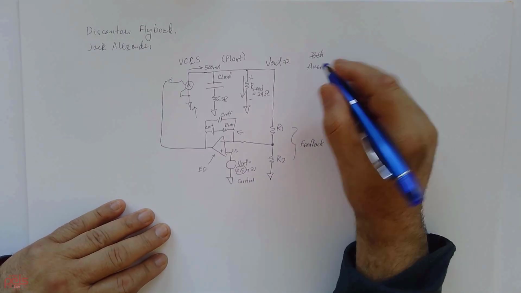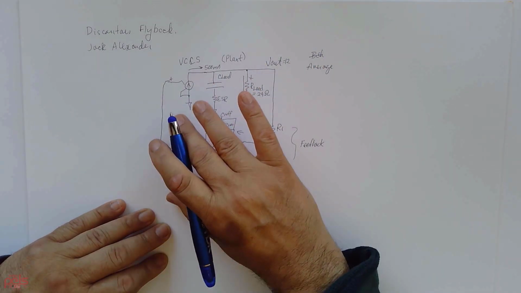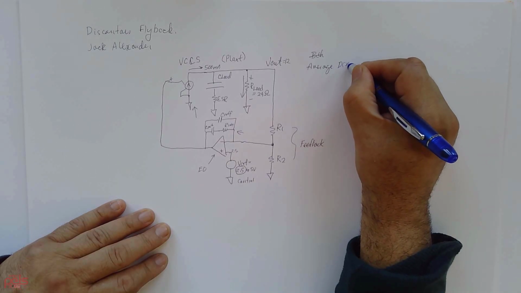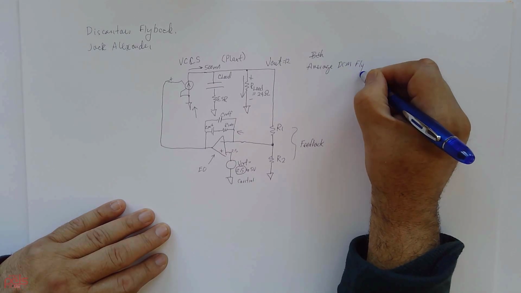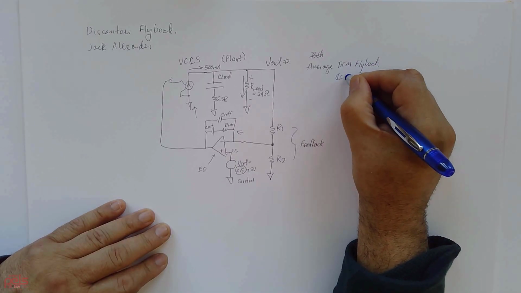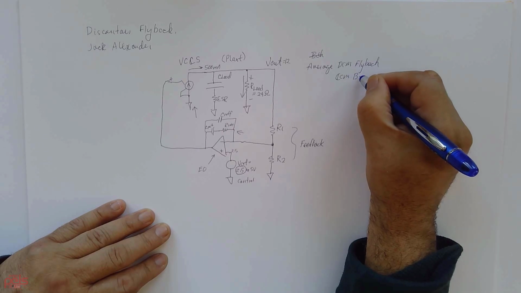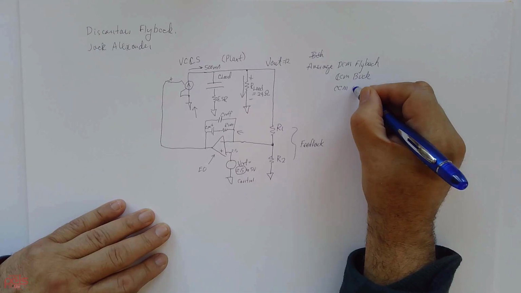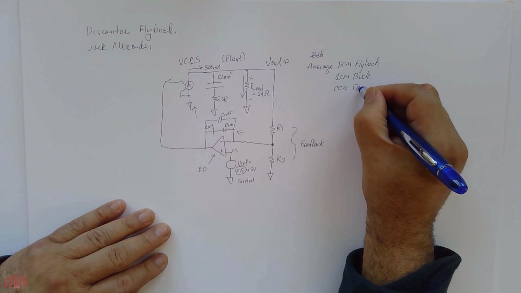It is valid for a DCM flyback. You can also use it for a CCM buck and CCM forward.